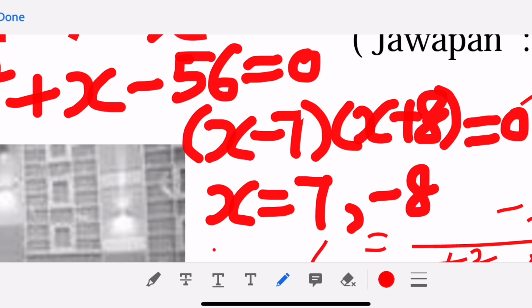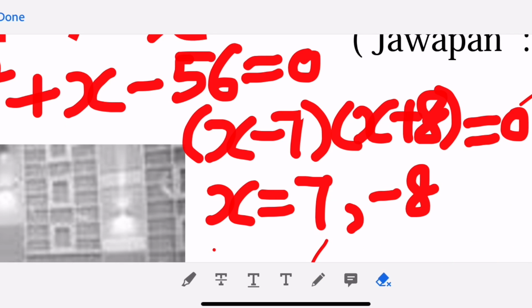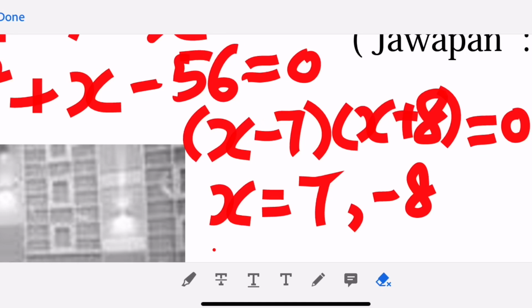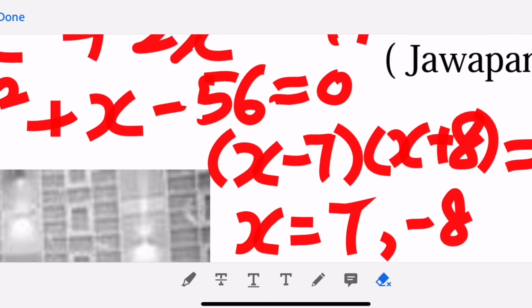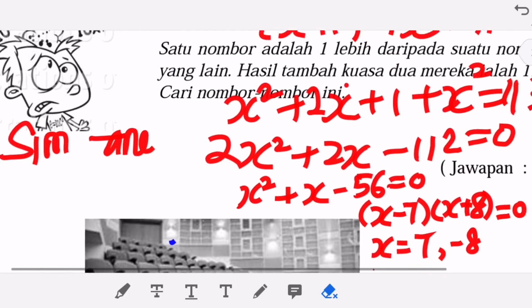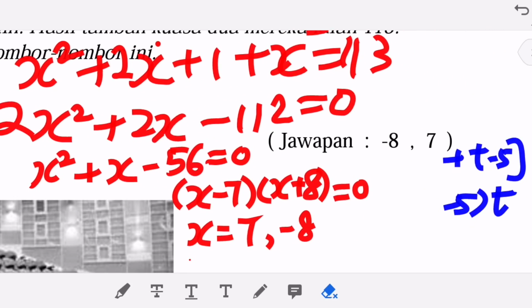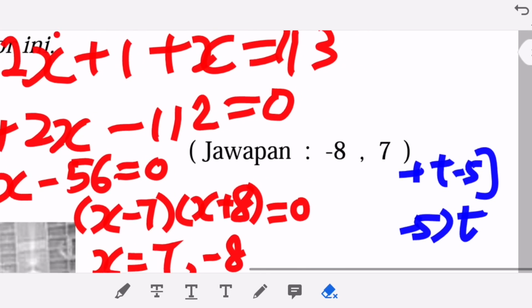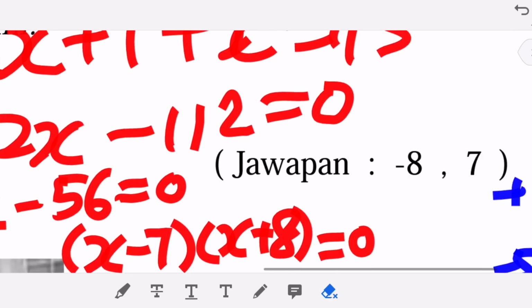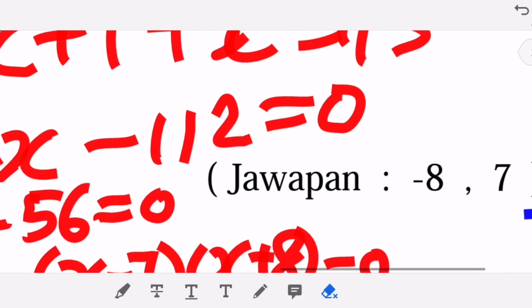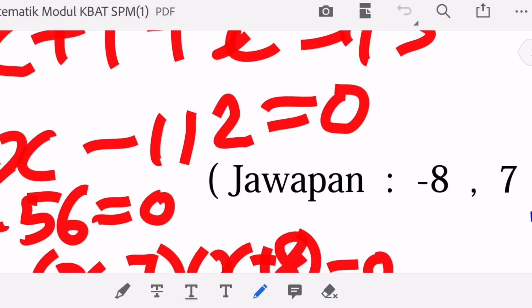So make sure you double check your answer, okay, before you proceed to the next question in the exam. Careful is very important in mathematics. So this is actually the summary for the question just now. You arrange in general form, you factorize, and the answer is correct, negative 8 and 7.